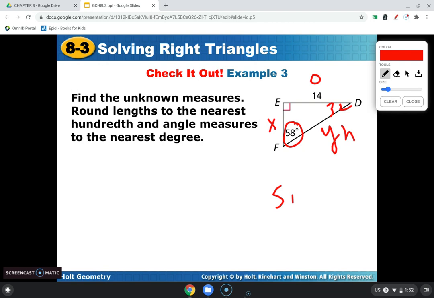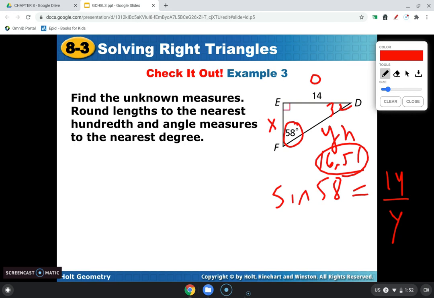Opposite and hypotenuse is sine. So we can say the sine of 58 equals 14 over Y. Cross multiply, which means I'm going to take 14, since Y is on the bottom, divided by the sine of 58, which is 16.51. So the hypotenuse is approximately 16.51.